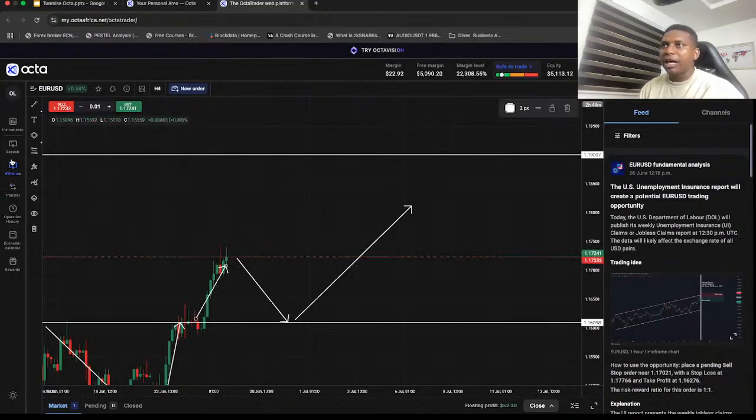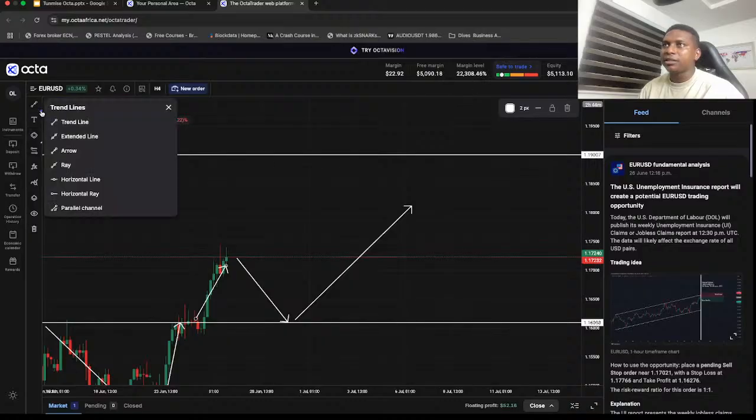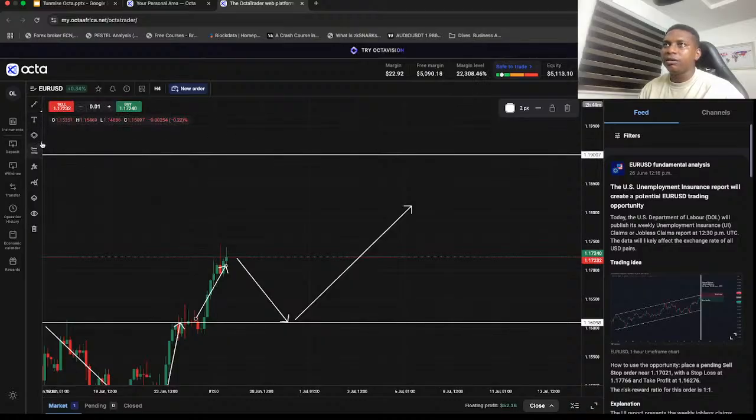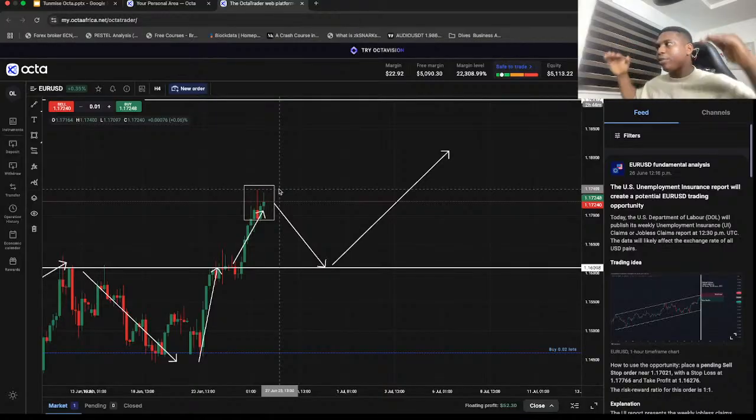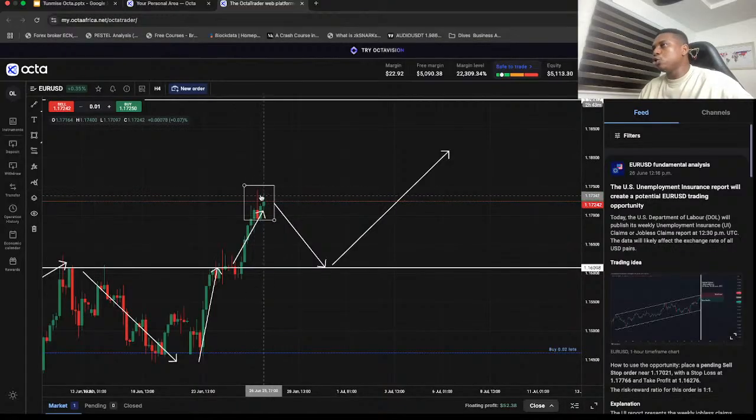You can see that at this level here, some pushback is already coming in, like the wicks that you can see to the top. Now these are more or less a good indication that there is sell pressure coming in. Okay, and you want to watch this level.